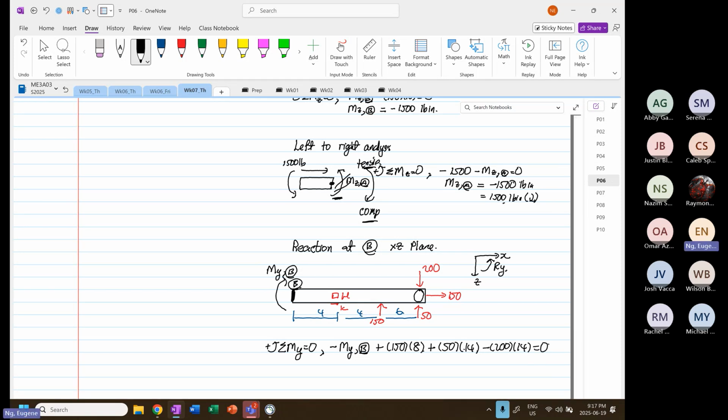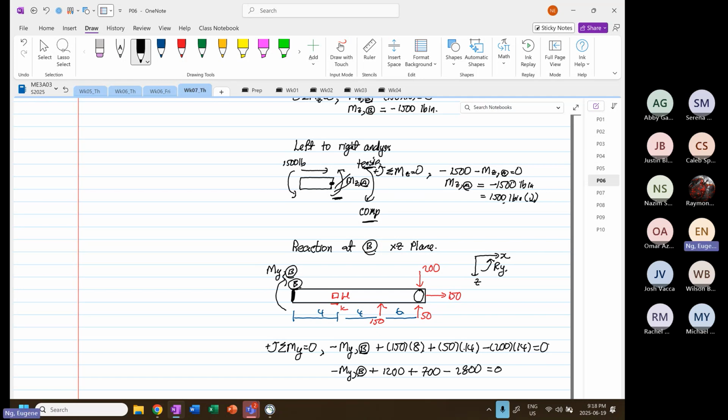The whole thing will be equal to 0. So minus My at point B plus 150 multiplied by 8, 1200, plus 50 times 14, 700, minus 200 times 14, 2800.